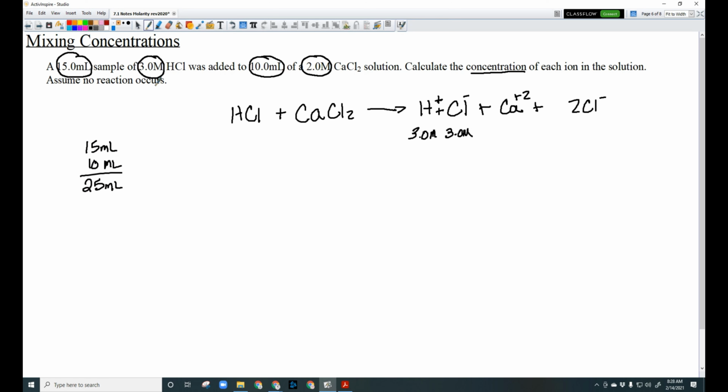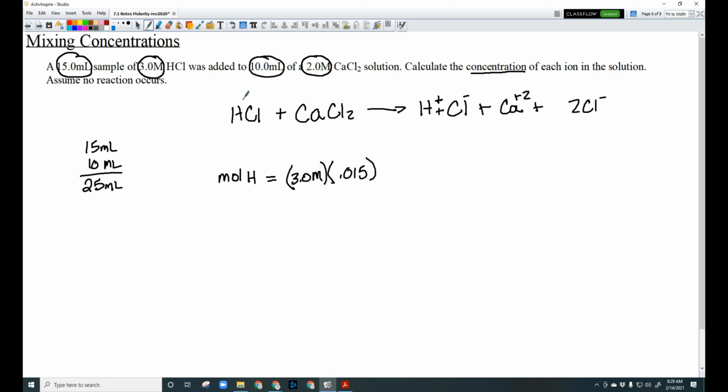So what I want to do is find the number of moles of hydrogen and chlorine that are going to be in the solution and divide this number of moles by the new volume to get the new molarity. In our concentration here, 3 molar, we want to find the moles of hydrogen. So that's going to be molarity, which is 3, times the number of liters, 0.015.